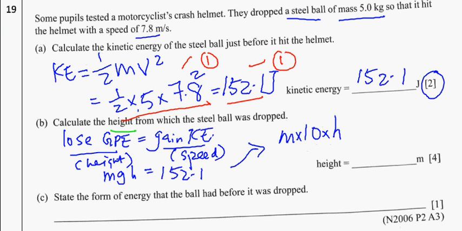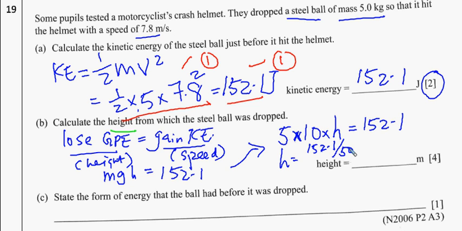Actually, I need not put m here; I can just put in a number directly. So do I know the mass? It's given as 5. So I take 5, my mass, times my g, times my height, which is equal to 152.1. So for h, just take 152.1 over 5 times 10, which is actually 50.